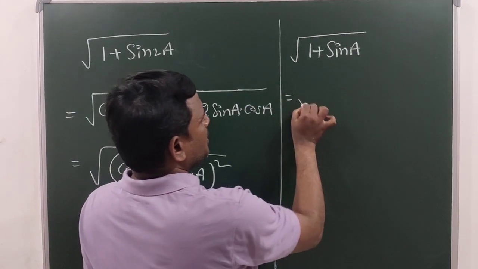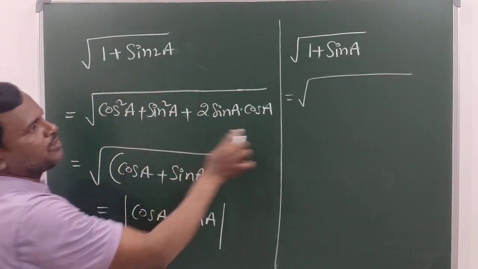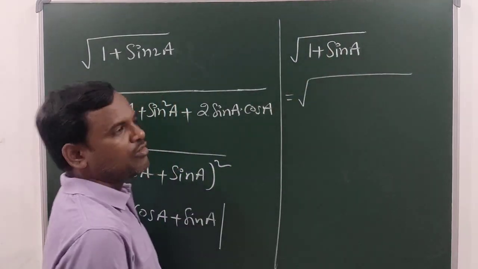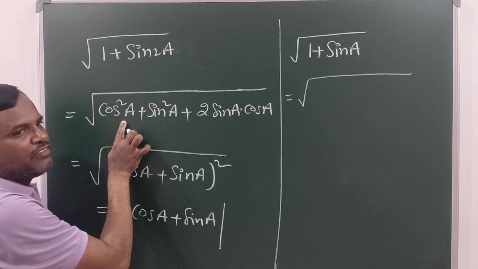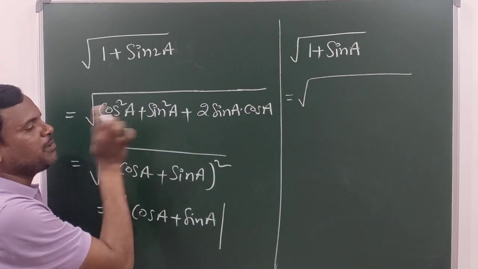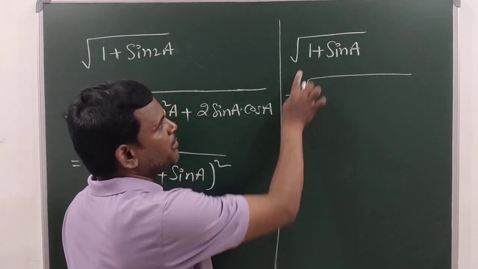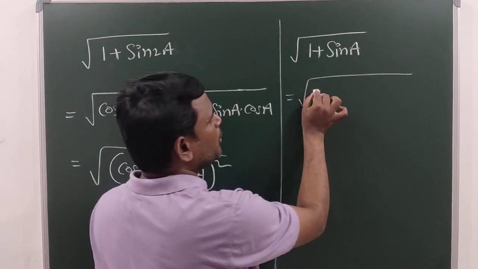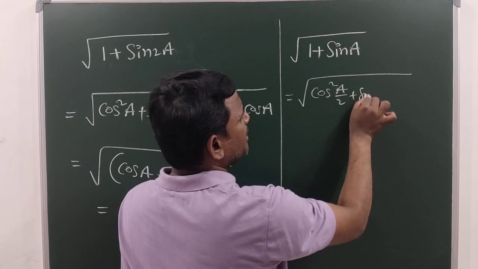Now go to this one. Here it is a multiple, so here 2a is there. What you have to write in the place of 1? Here we have written cos square a plus sin square a. So here a is there; in place of 1, what am I going to write? Cos square a by 2 plus sin square a by 2.